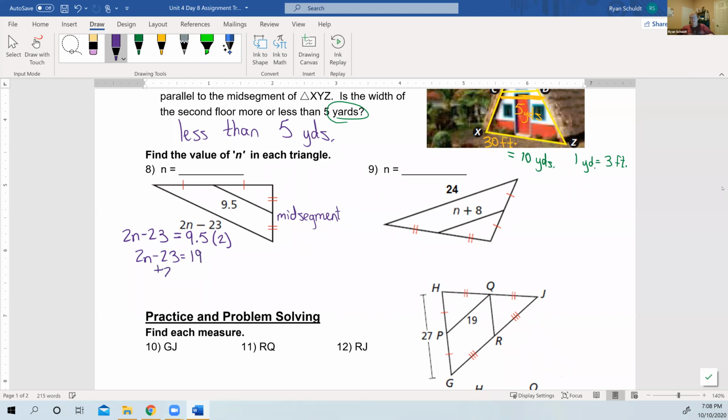So we're going to add 23 to both sides. And we're going to get 2n equals 19 plus 23, which is 42. Divide by 2, and we get n equals 21. And that's all they asked us to find was n. So we're done with that one.